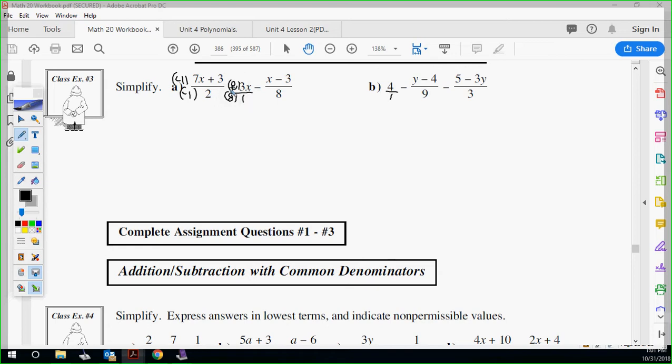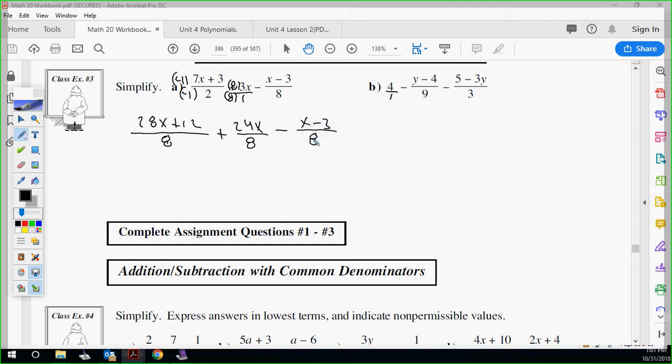So that gives me 28x plus 12 over 8 plus 24x over 8. It's a minus, sorry. Minus x minus 3 over 8.